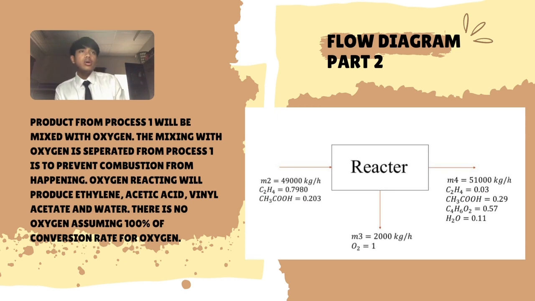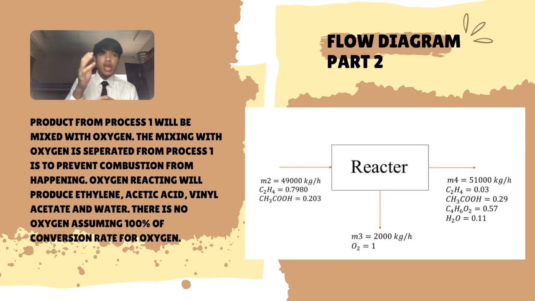So for the next one, we will go to the reactor for flow diagram 2. This reactor will contain a reaction between oxygen, ethylene and acetic acid in order to produce the product that we wanted, which is vinyl acetate.